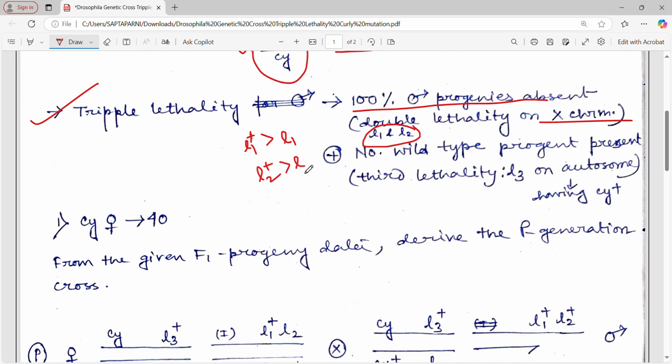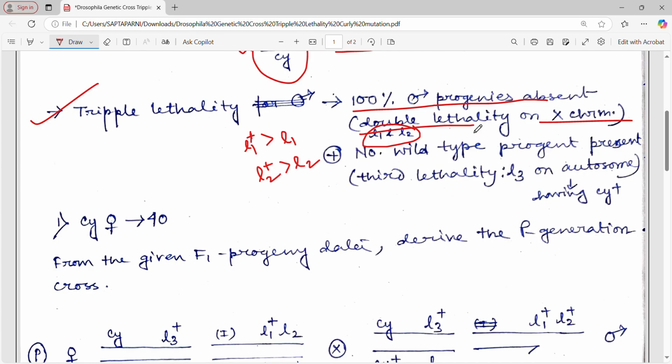If L1 is present, no lethality occurs; if L2 is present, no lethality occurs; but if L1 and L2 are both present, then lethality occurs. I have discussed all this in my previous video, so please kindly watch that video too, then it will be very easily understandable. Now this was double lethality.